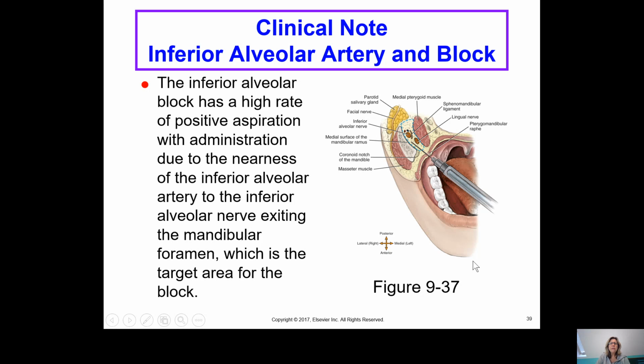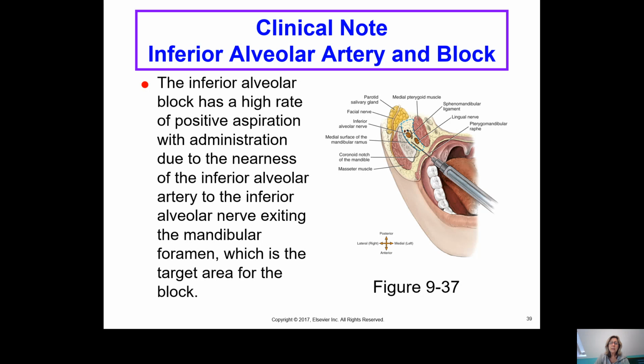So the inferior alveolar block has a high rate of positive aspiration with administration due to the nearness of the inferior alveolar artery to the nerve. When you're looking at this picture, you're going to see the needle going straight back. The inferior alveolar artery and nerve run very close to each other.